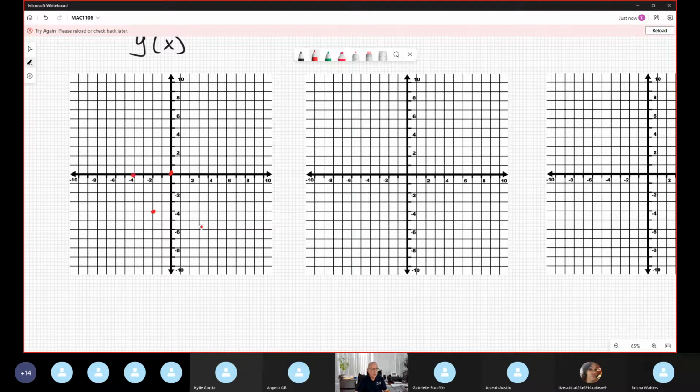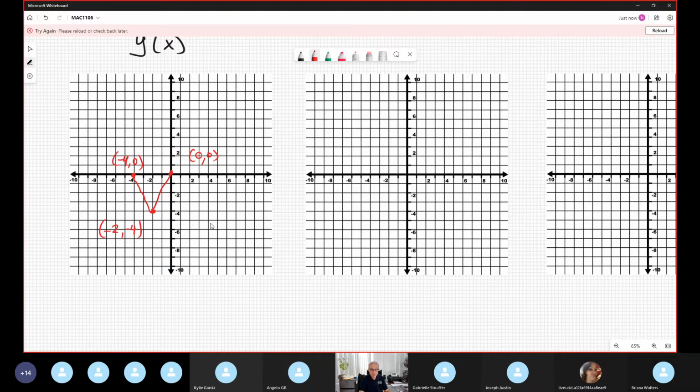We connect these and form a triangle. This is my function. The points are (0, 0), (-4, 0), and (-2, -4).